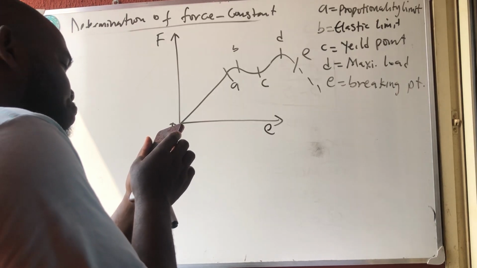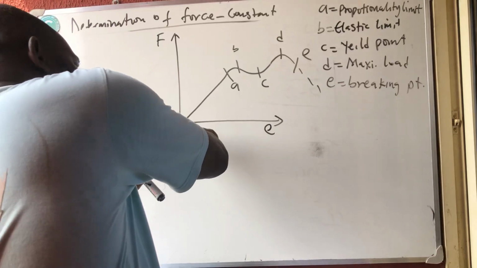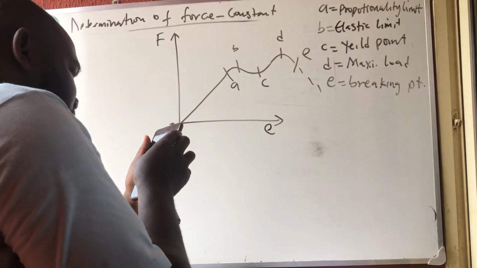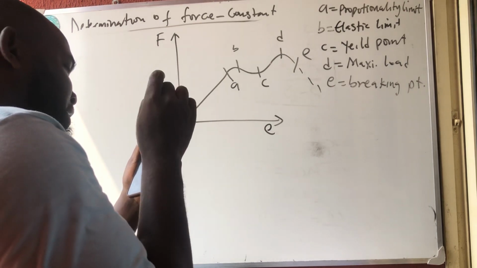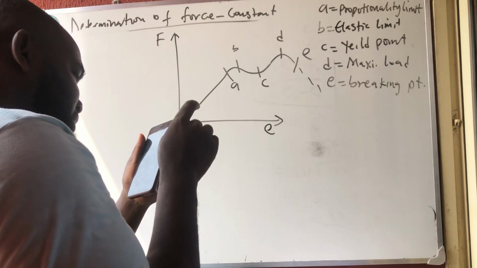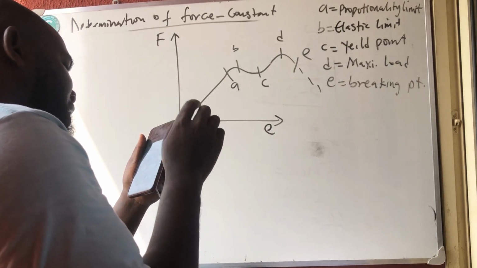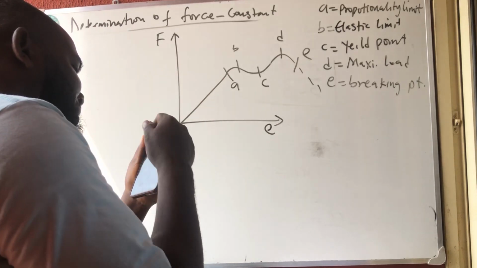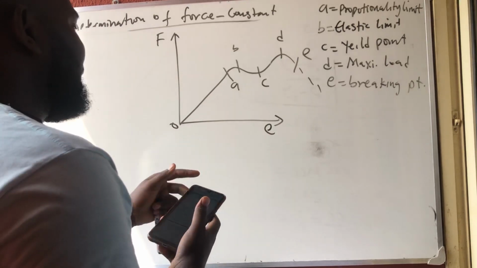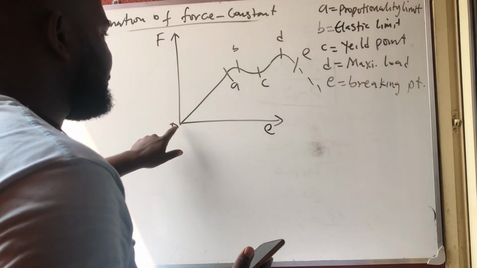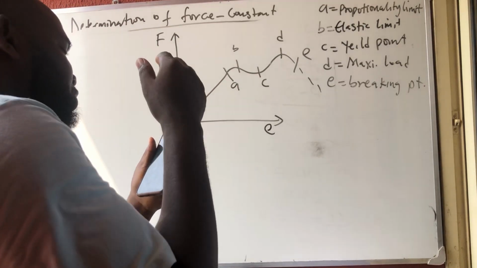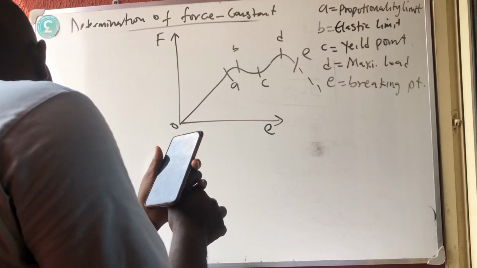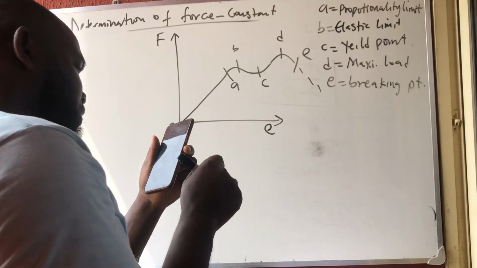So from 0 to B, that is from the origin to the elastic limit, the elastic material is said to undergo elastic deformation. So when an elastic material stretches from 0 to B, you have said that elastic material has undergone what is called elastic deformation. This is an exam question, please.